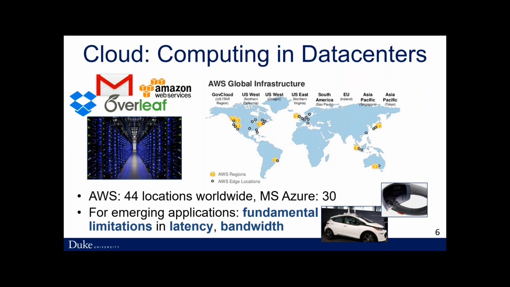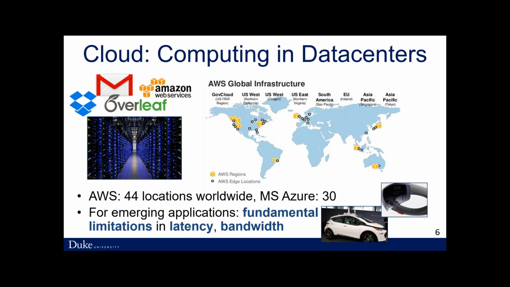And the maps for the other cloud providers look quite similar. So you see that literally on any given continent, there are a handful of such data centers, which means for many locations to be able to access the data center, the data has to travel hundreds or even thousands of miles away. And this has been working well for the types of use cases that have been envisioned for cloud computing.